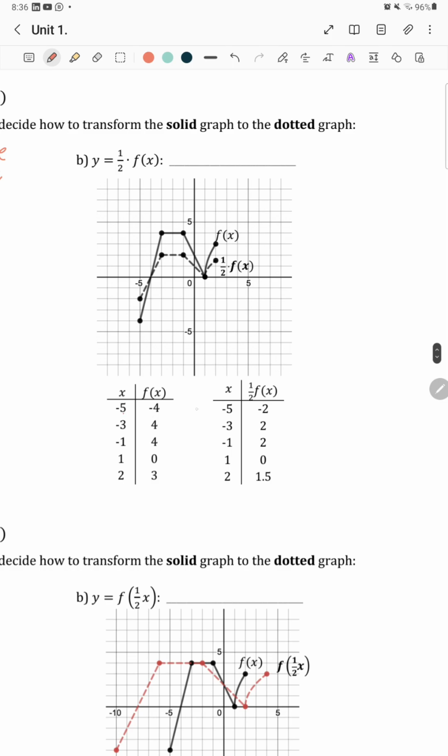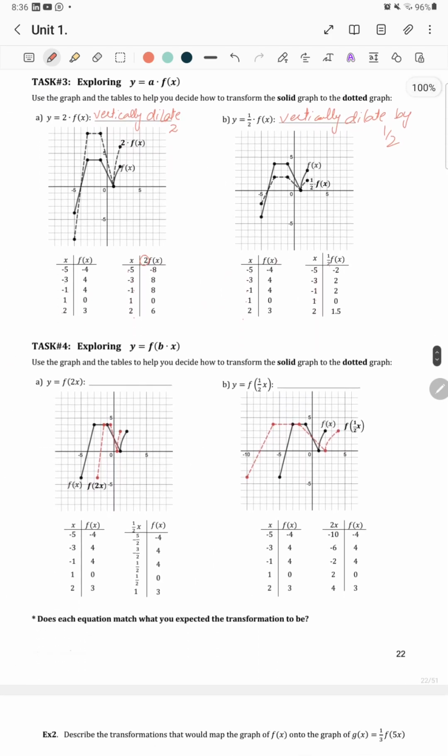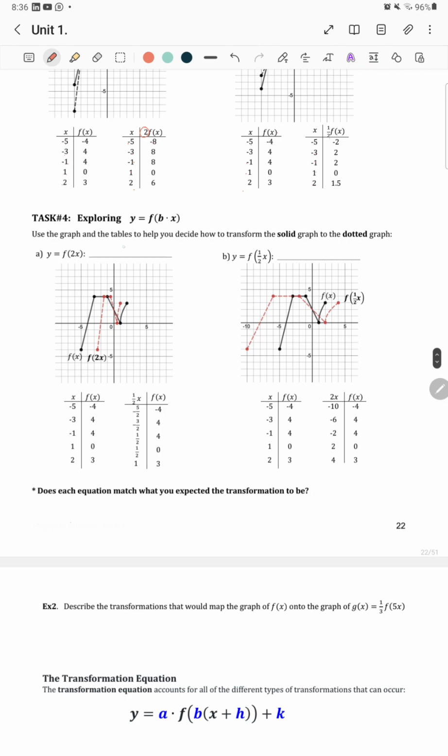Now minus 5, minus 3, minus 1, 1, 2, so the x-axis is the same, the y-axis is halved, so vertically it dilates by 1 by 2. Use the graph in the tables.